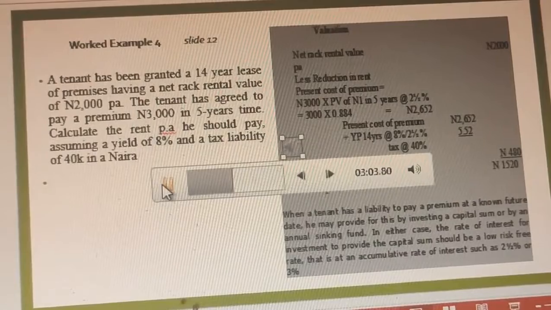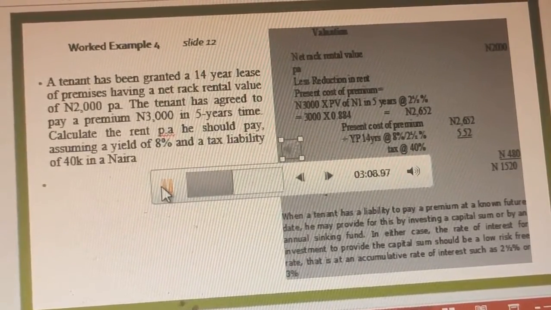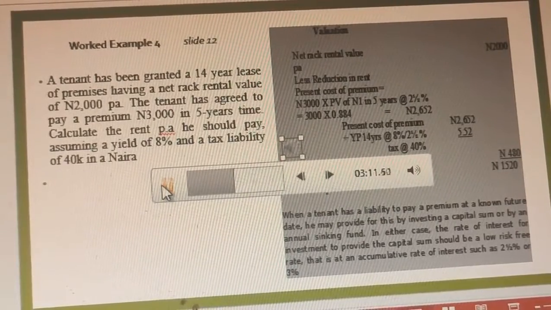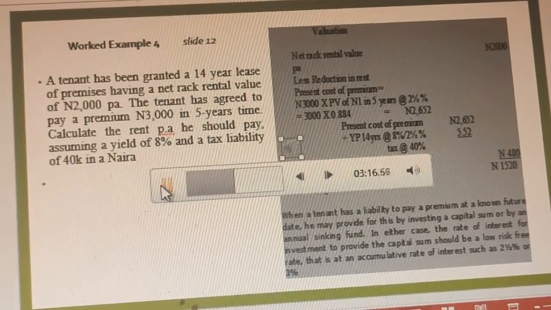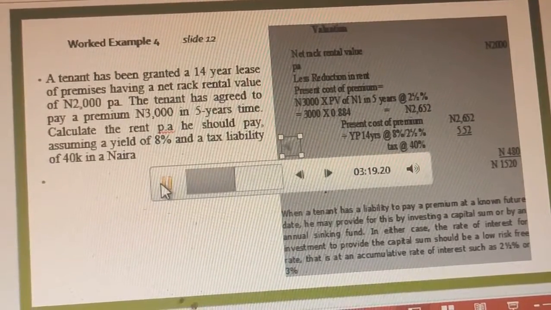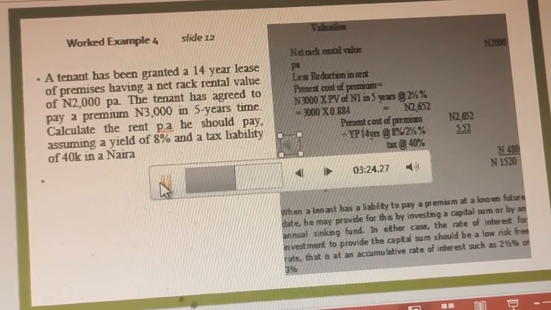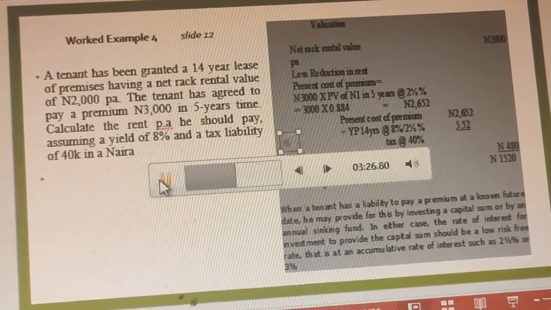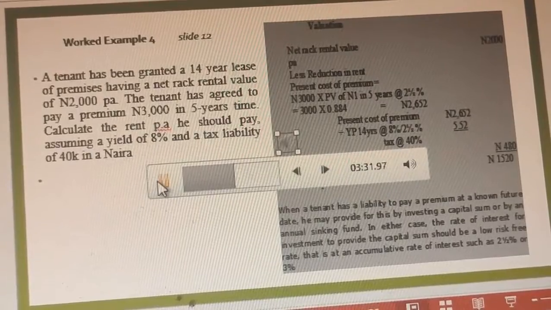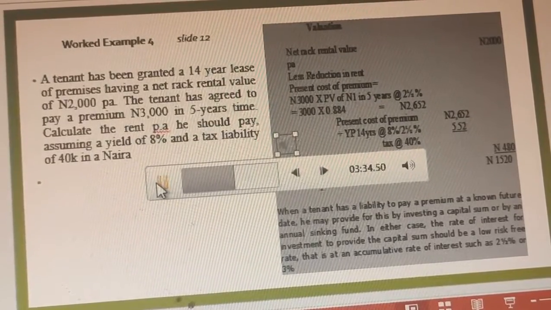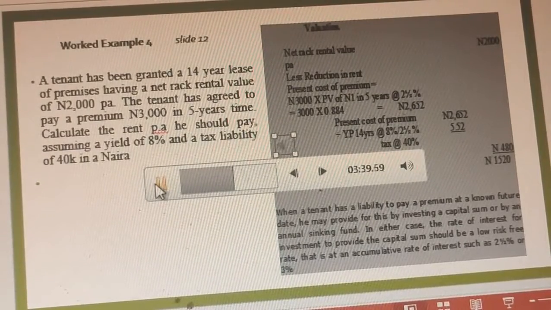Then you find the annual equivalent of that 2,652. Also, because it's a tenant and it's on lease, YP 14 years, the lease is for 14 years, and it's assumed he has just taken the lease. Now 14 years at 8%, which is given, and 2.5 or 3% sinking fund rate.